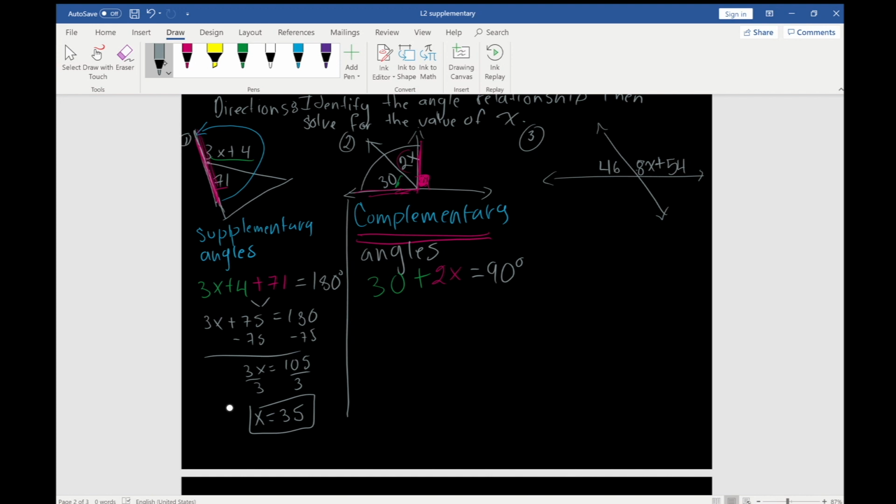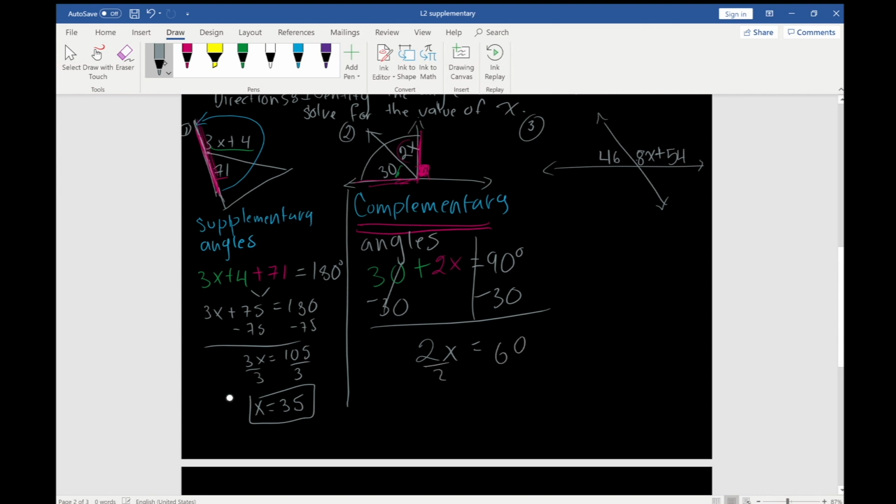So then this is going to become a two-step equation. So we first subtract 30 on both sides. This is going to cancel, so all we're left with is 2x is equal to 60. We divide both sides by 2. x is equal to 30.